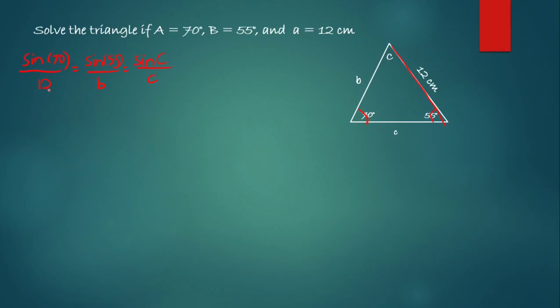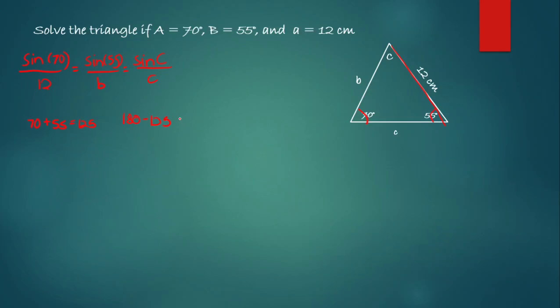Let us first solve for angle C. So what we're going to do is add 70 plus 55, which will be 125, and we are going to subtract it from 180 because the rule says that all angles of a triangle add up to 180.